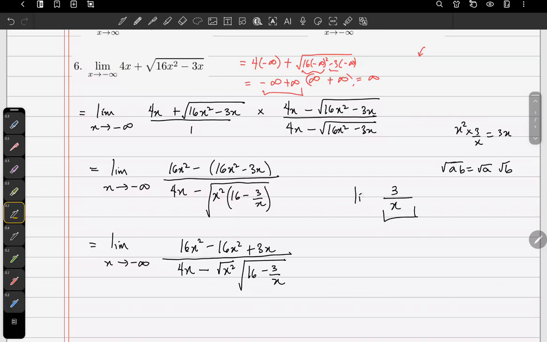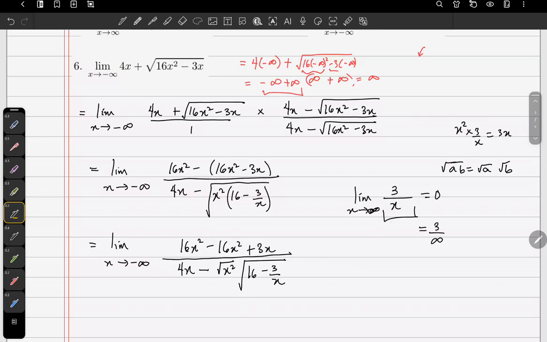So we know that the limit as x goes to infinity of a number over any positive power of x, to be precise, is equal to 0. And like I stated in the warning in the first video, this is not equal to 3 over infinity. We are just saying as x is blowing up, as x is going to a very large number, 3 over x will be going to 0.